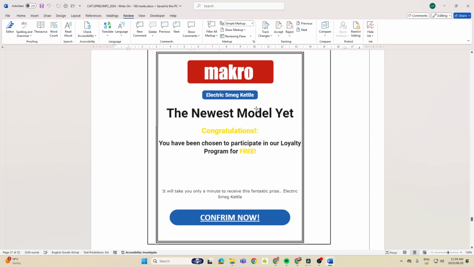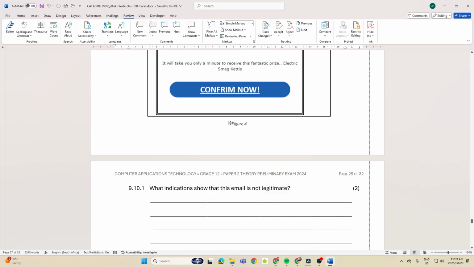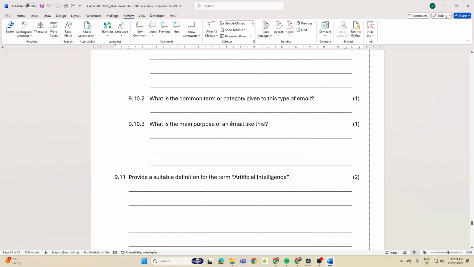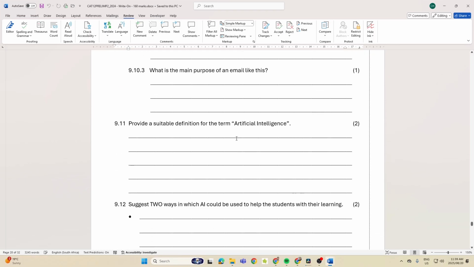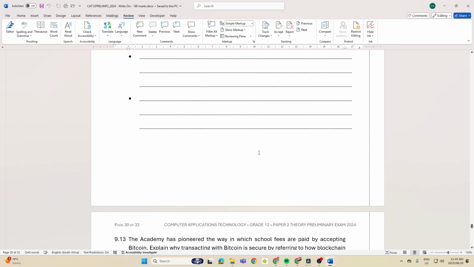Right, and then an email, and this has probably got to do with identifying whether this is a legitimate email or not. How would you know? What is artificial intelligence? I mean, look at that. 2 ways in which AI could assist a user or students with their learning. Come on, ChatGPT, right? How does it help you to learn?